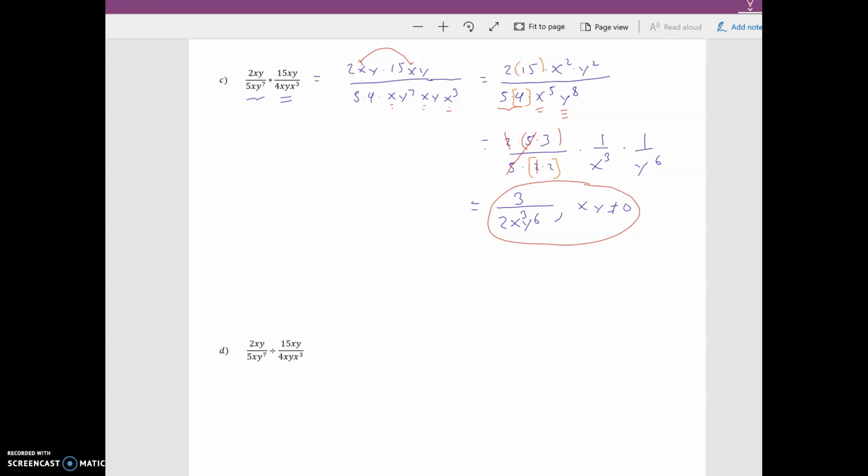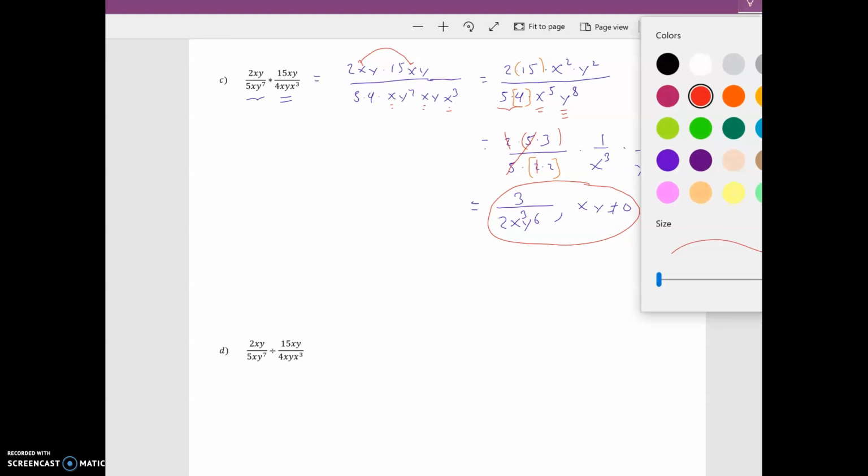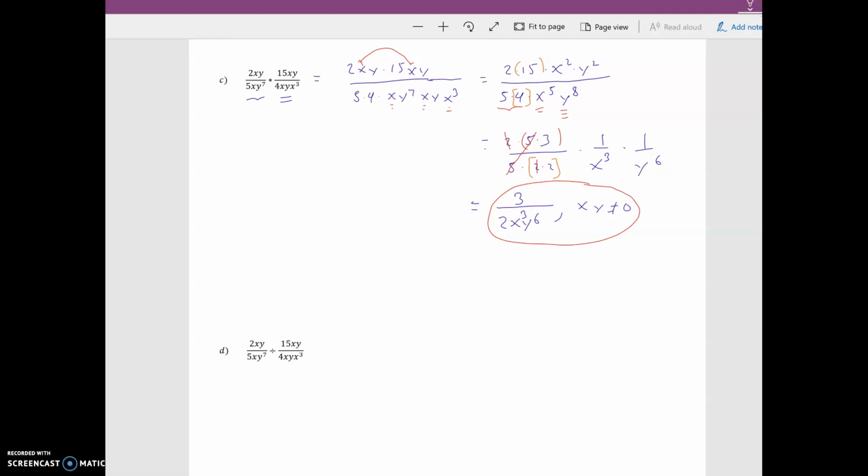For problem D, we have almost an identical problem. But what we're going to do here is take a look at, in this case, a division. So what I'm going to do is just rewrite the problem. This is going to be 2xy over 5xy to the 7th.